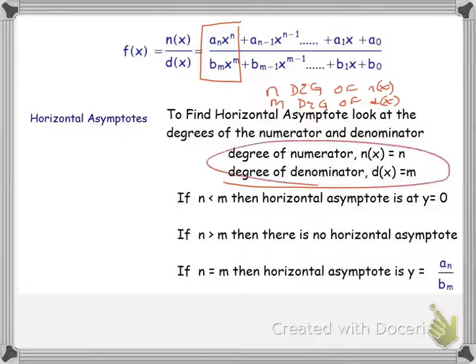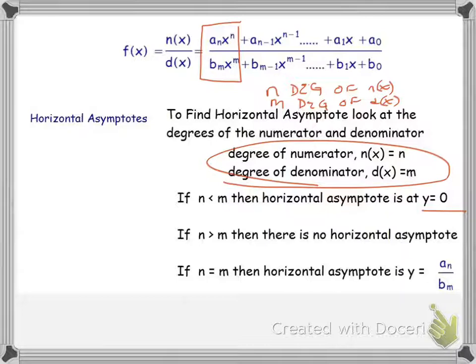I have that written here. So if n is less than m, then the horizontal asymptote is going to be at y equals 0. The horizontal asymptotes will always be y equals, because that's the equation for a horizontal line.